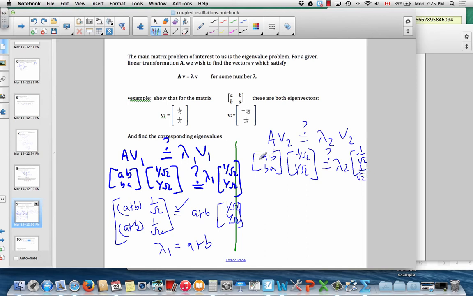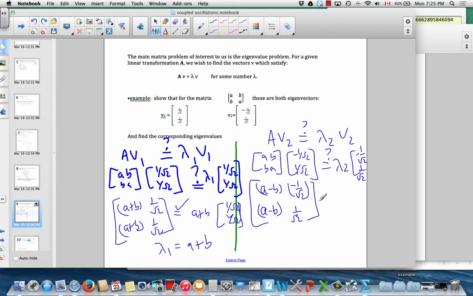Okay, so let's do the matrix multiplication. Here we're going to get negative A plus B, or another way to write it is A minus B times negative 1 over root 2. And then here we're going to have minus B and plus A, or that's going to be A minus B times 1 over root 2.